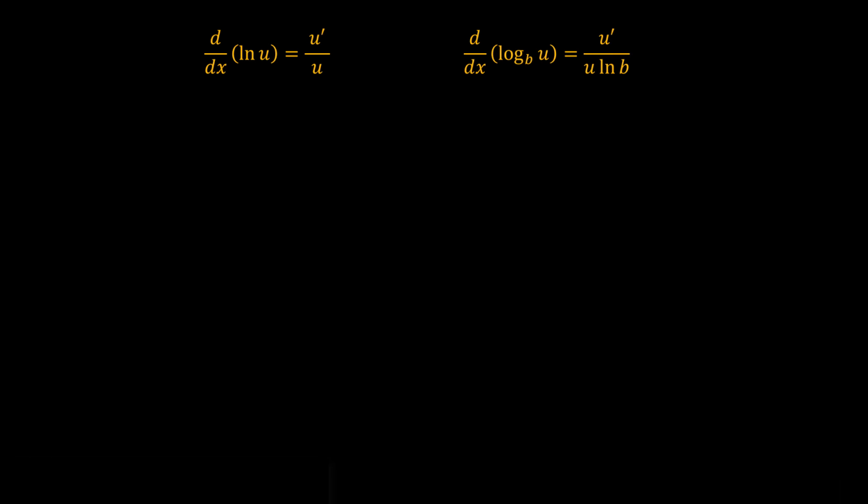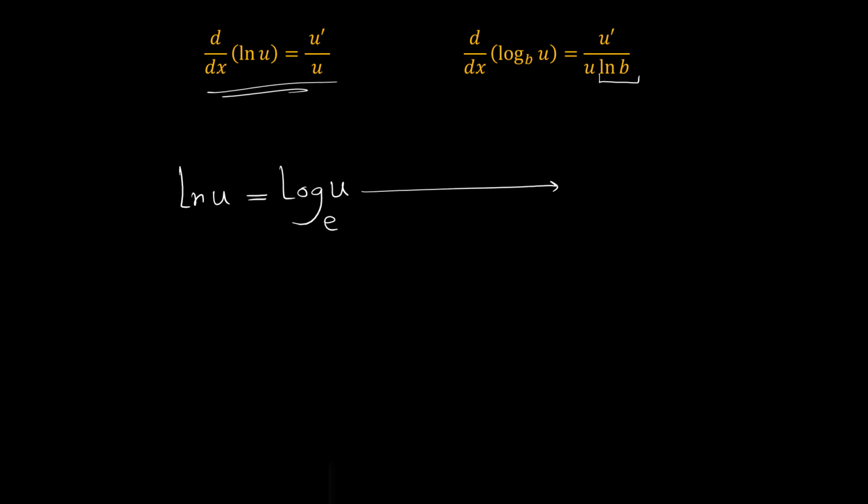Maybe you wonder why in derivative of ln of u we don't have ln of b, similar to log of u in the base b. We expect to have a ln in denominator of this formula for derivative of ln of u. But why we don't have that ln in denominator of this formula? Note that ln of u is log of expression u in the base e.